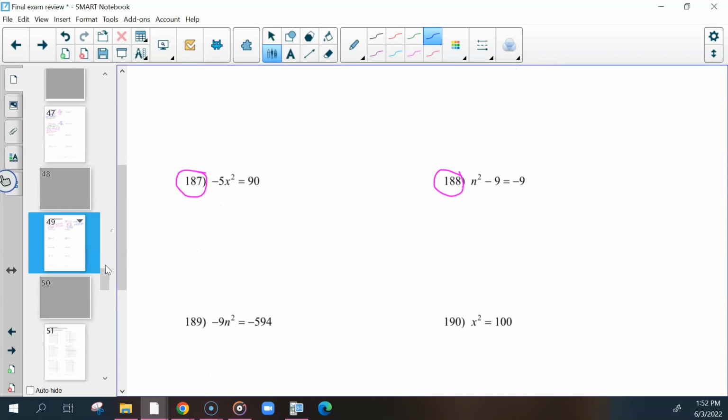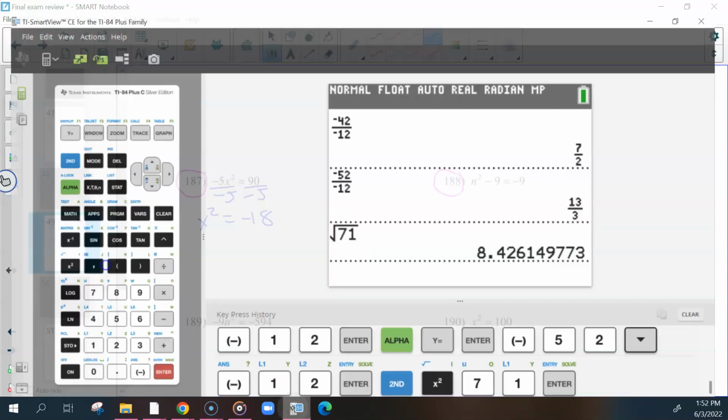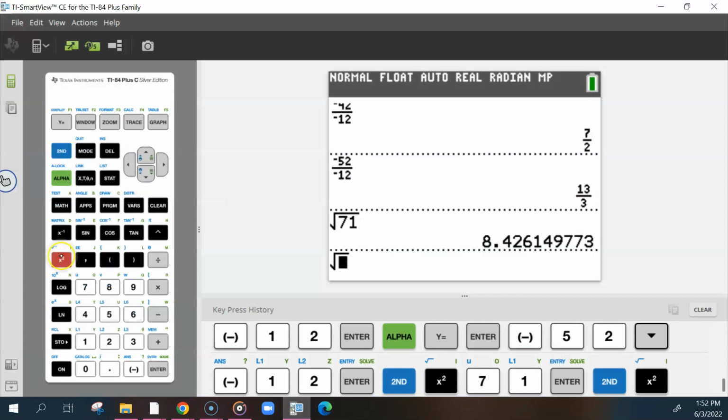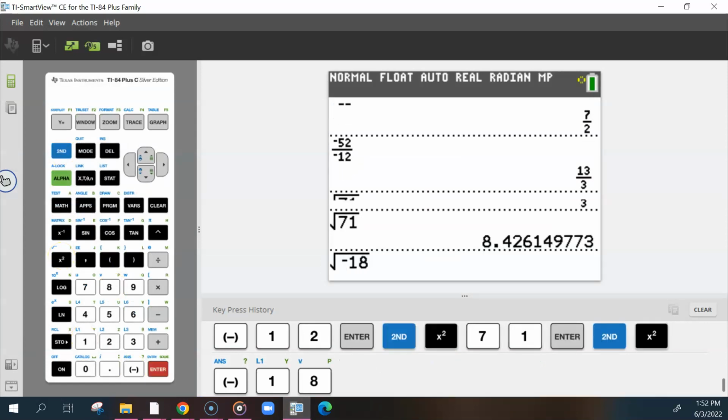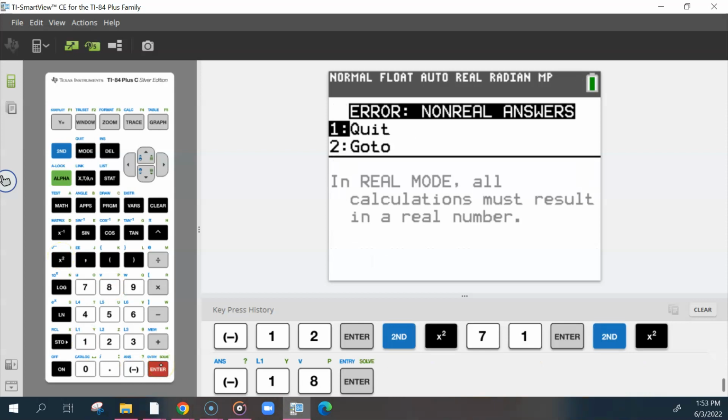For 187, process is the same, but I'm dividing by a negative. So this is going to give me a negative. You could see if this would work in your calculator, but it's going to give you an error message.